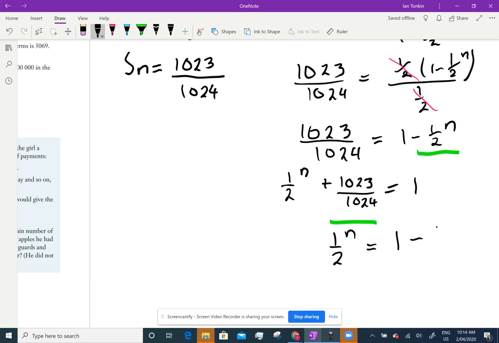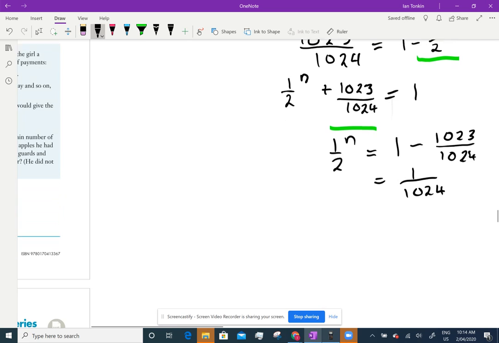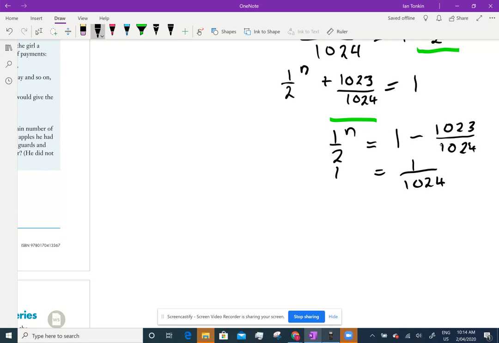Now that's almost a whole fraction, that's 1. You can do it on your calculator, but you should be able to see that's just going to be 1 over 1024. Now I'm going to use logs to solve this, a half to the n.